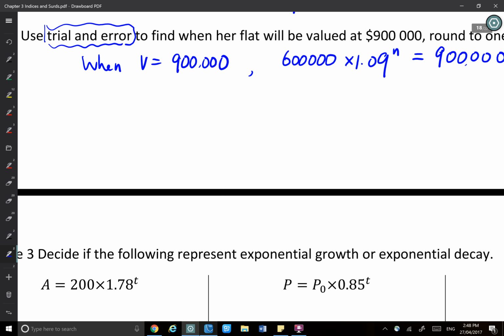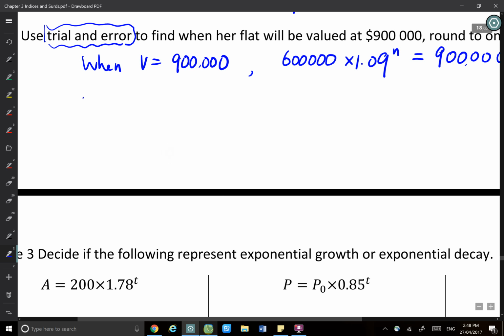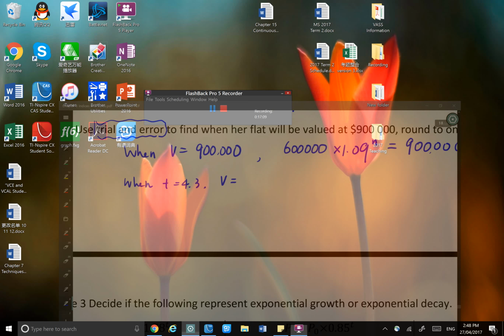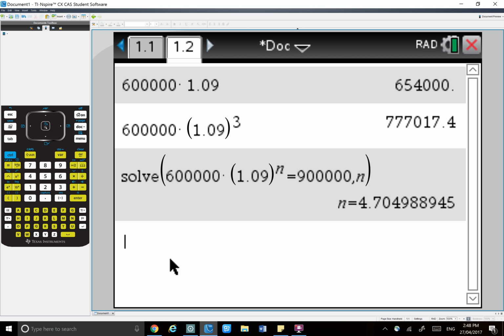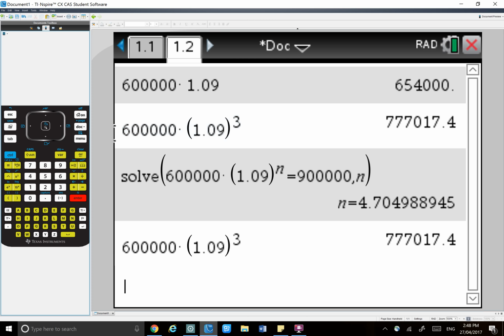Let's say the first number I guess is 4.3. So when n equals 4.3, V will equal, let's copy this down and go 4.3.